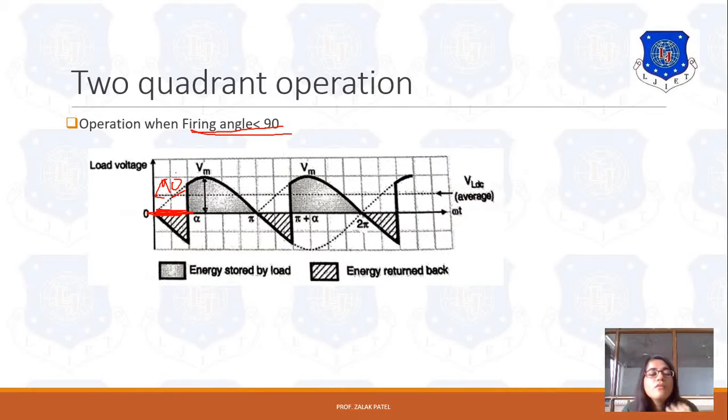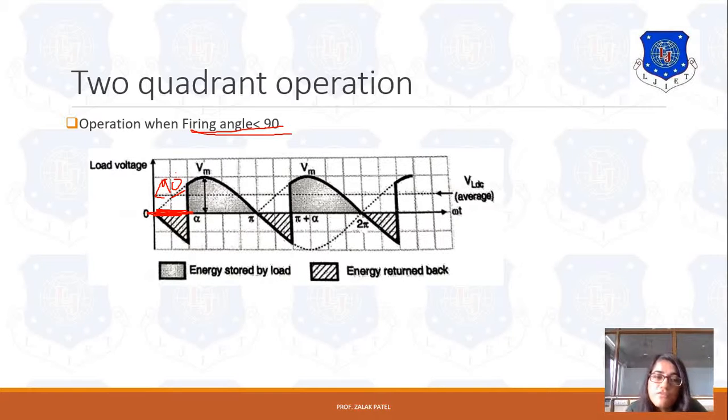Here we know that the operation of the full converter is possible both ways, from source to load and from load to source. Here the positive portion denotes the energy flowing from source to load, and the negative portion denotes the energy flowing from load to source.